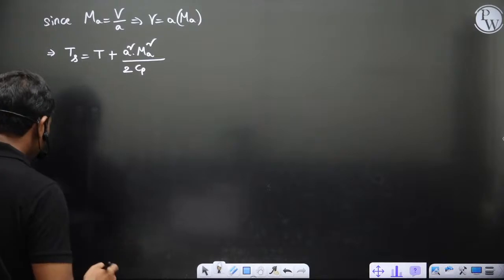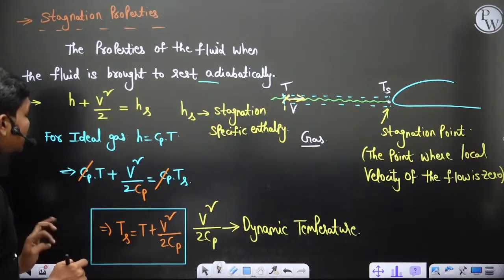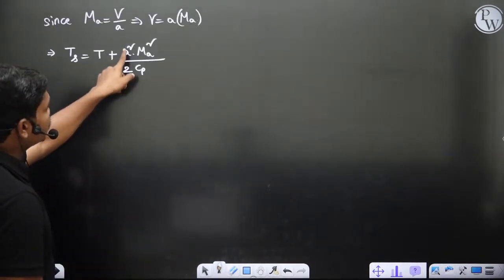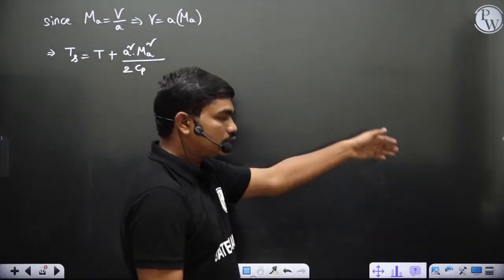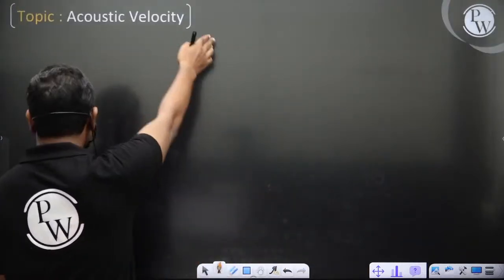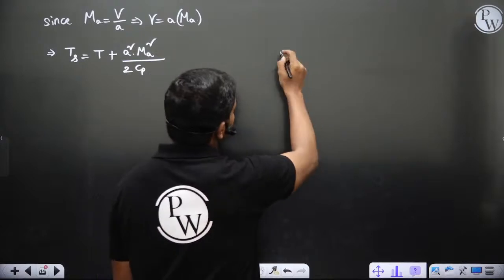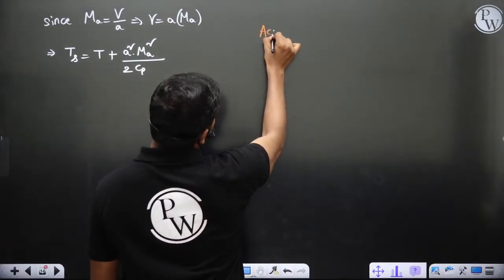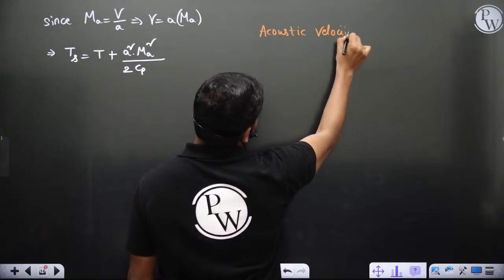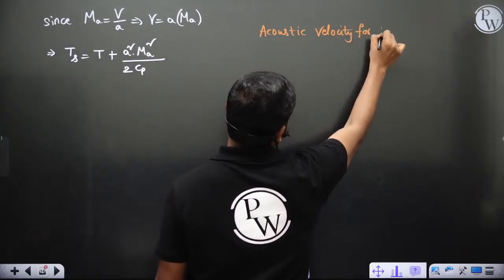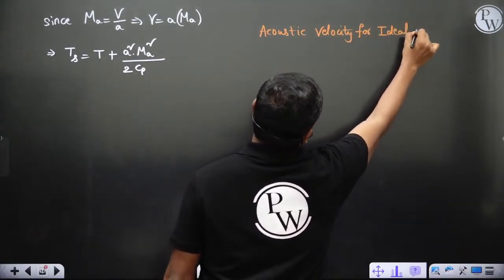Now let's try to understand something here. What is this A square by Cp? That's the main important condition. I'll show you maybe in the next part. As of now, you might have seen acoustic velocity for an ideal gas.